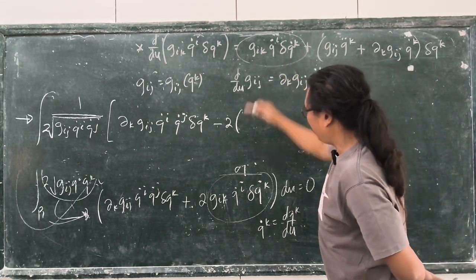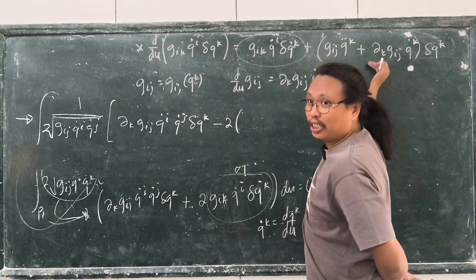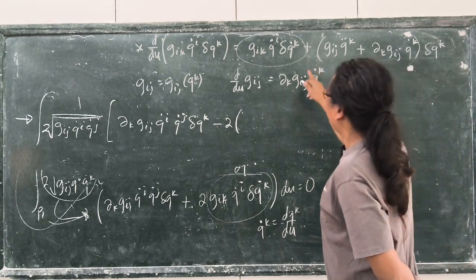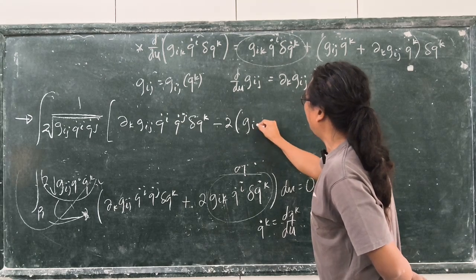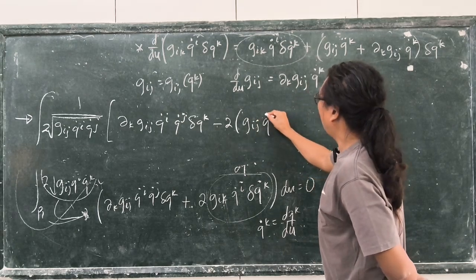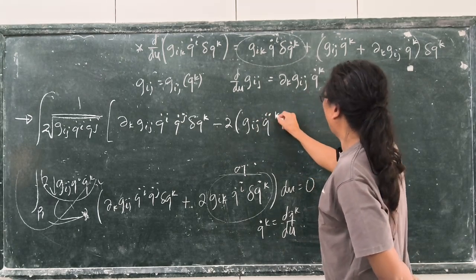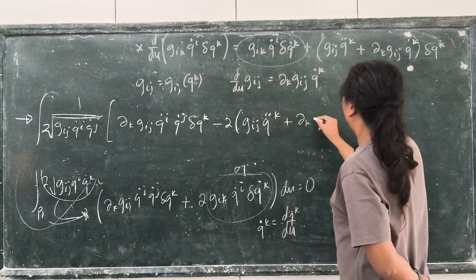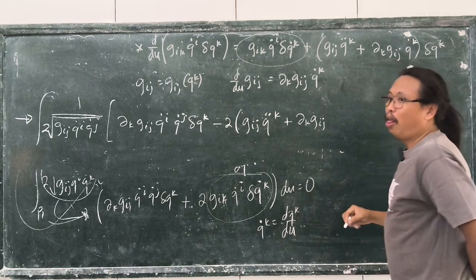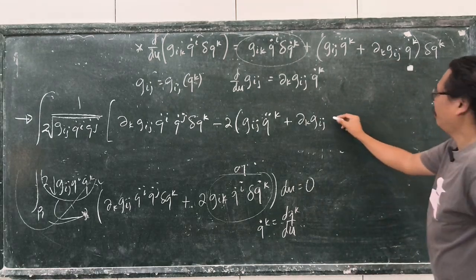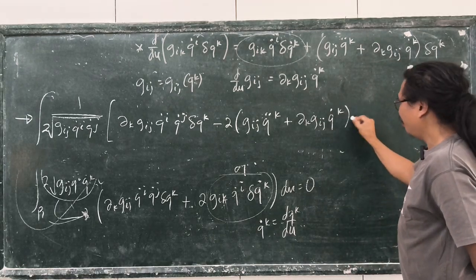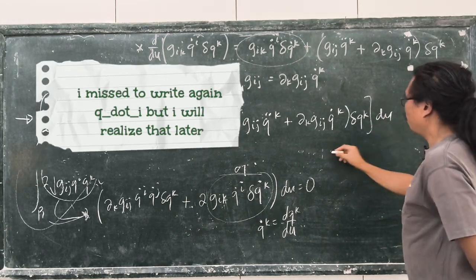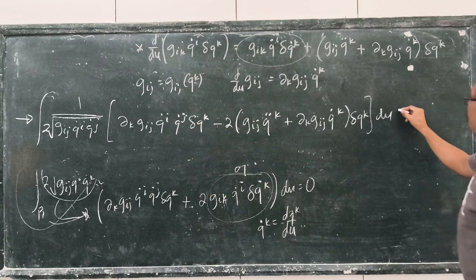So minus Gij Q double dot K plus partial K Gij Q dot K delta QK du, because this is that minus this.